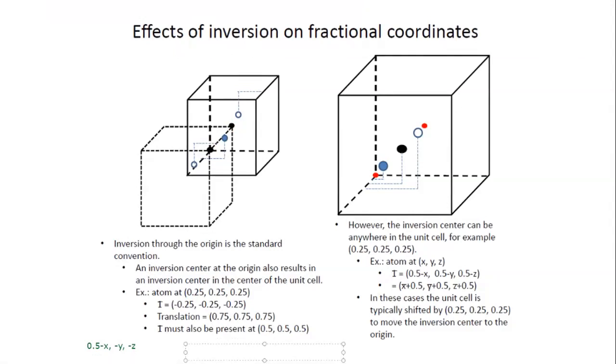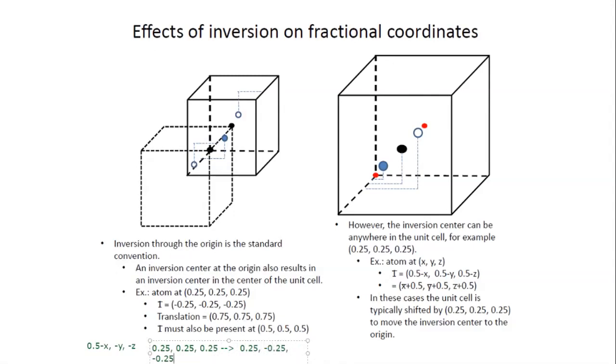Let's say we have an atom at 0.25, and we perform this inversion center, we get, let's see, 0.5 minus 0.25, negative 0.25, negative 0.25.